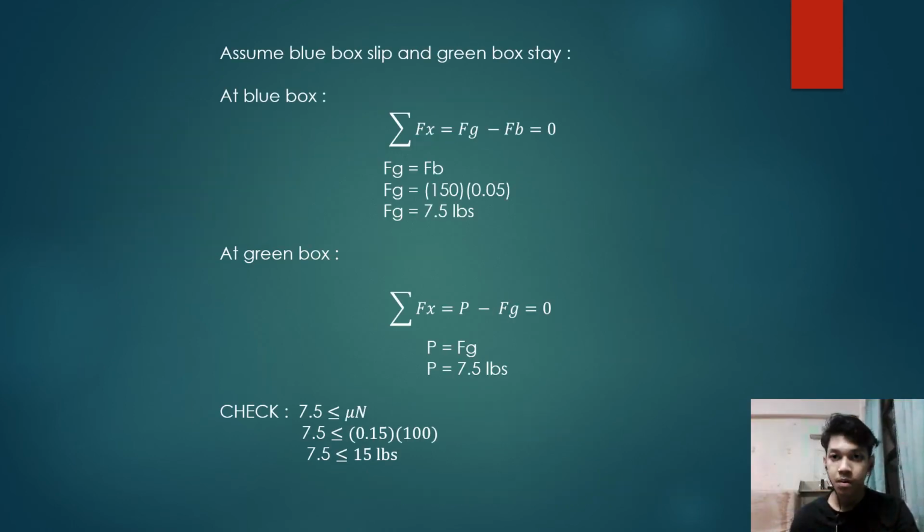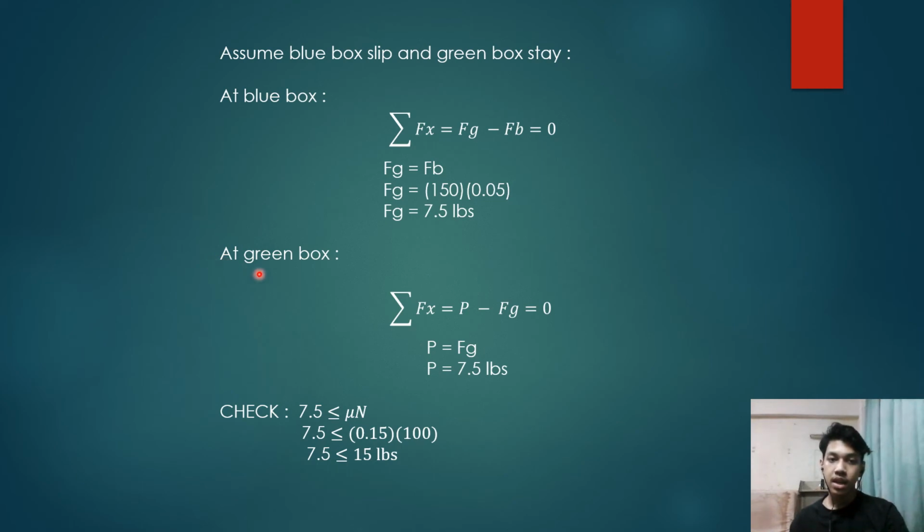Next we make another assumption: the blue box slips and the green box stays. At the blue box, the equilibrium equation is Fg minus Fb equal to 0, so Fg equals Fb. Then we get Fg equal to 7.5 pounds.